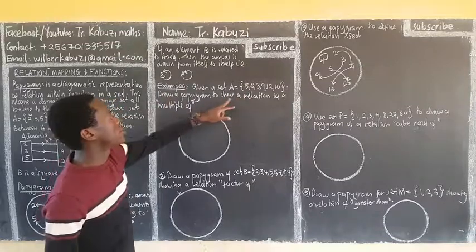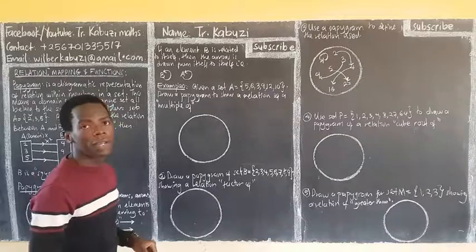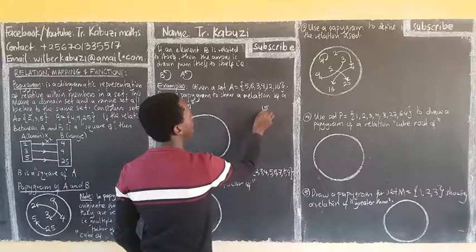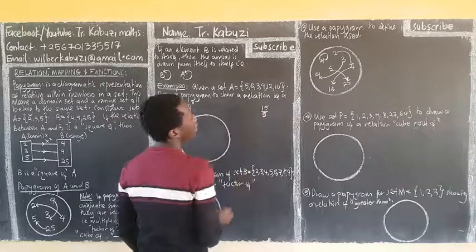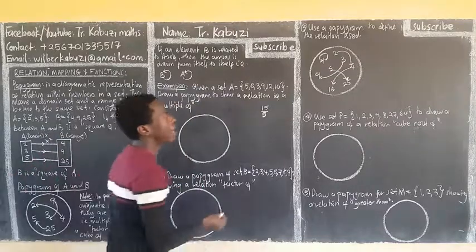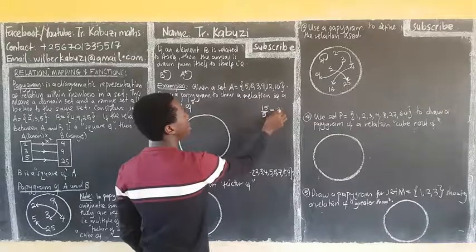Draw a papygram to show the relation of a multiple of. Now, a multiple of a number, let me give you an example. If you have 15 and 5, I'm going to use this example to also explain a factor. So 5 divides 15 to get 3.